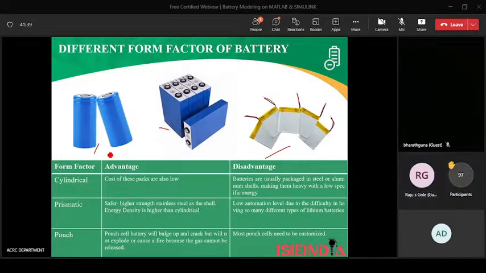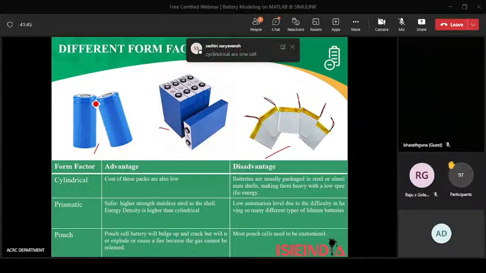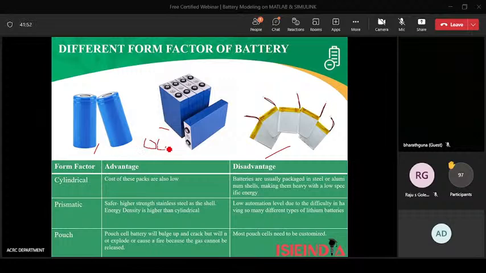So here this is the cylindrical and this is the prismatic. The main advantage of the cylindrical is that if we see the cylindrical structure from the top view, cylindricals are placed in this way, so we can see the caps.